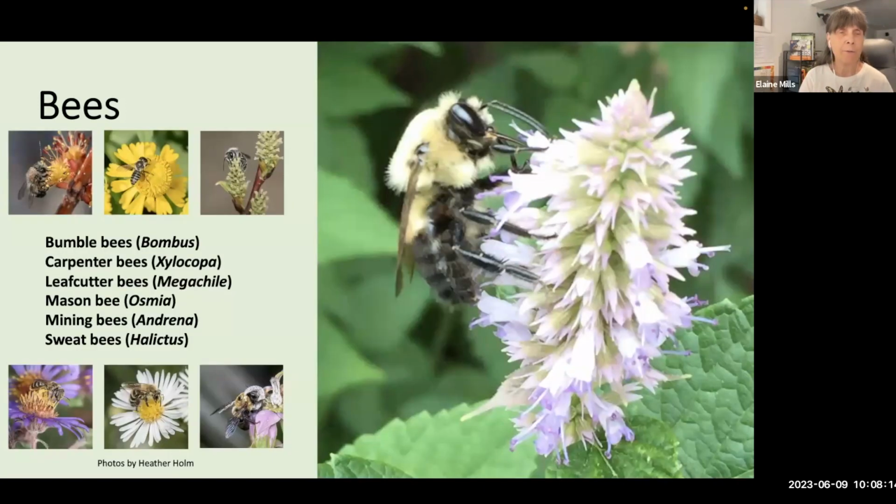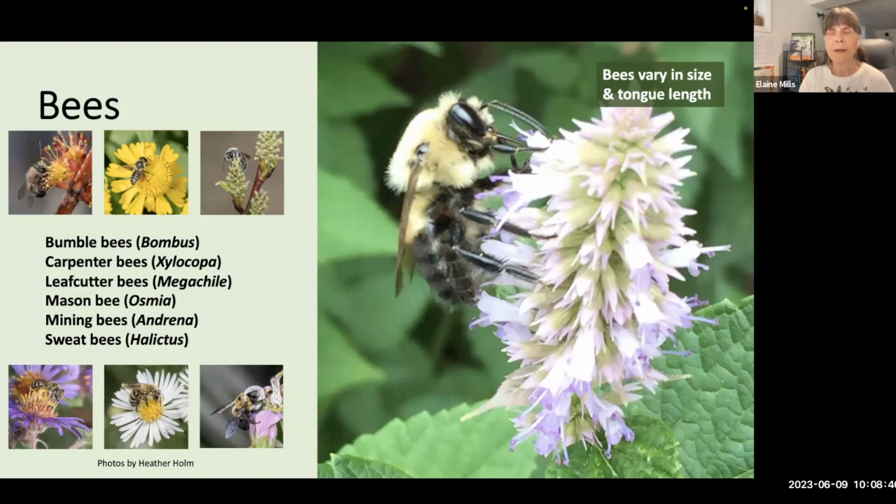There are 7 families of bees worldwide. 6 of them are represented in the United States. And on the left, you can see a list of the types of bees that are most likely to visit in your garden with the names of the genera, the scientific names. Bees vary greatly in size, from the larger bees like carpenter and bumblebees all the way down to tiny sweat bees.